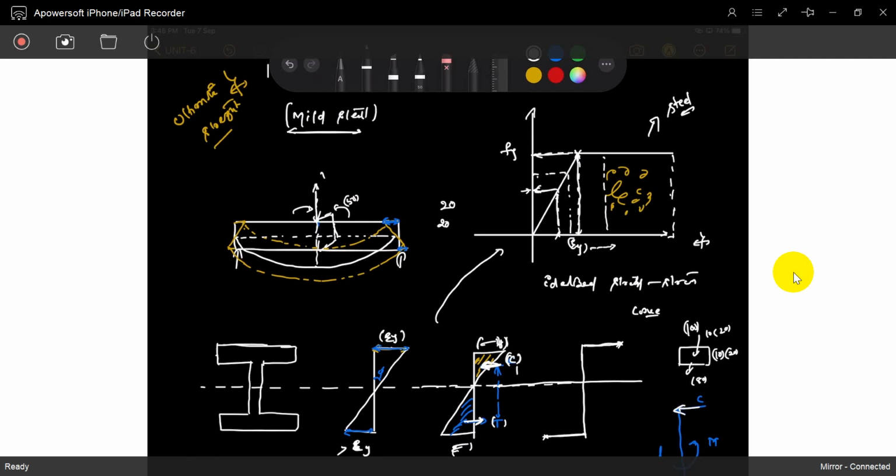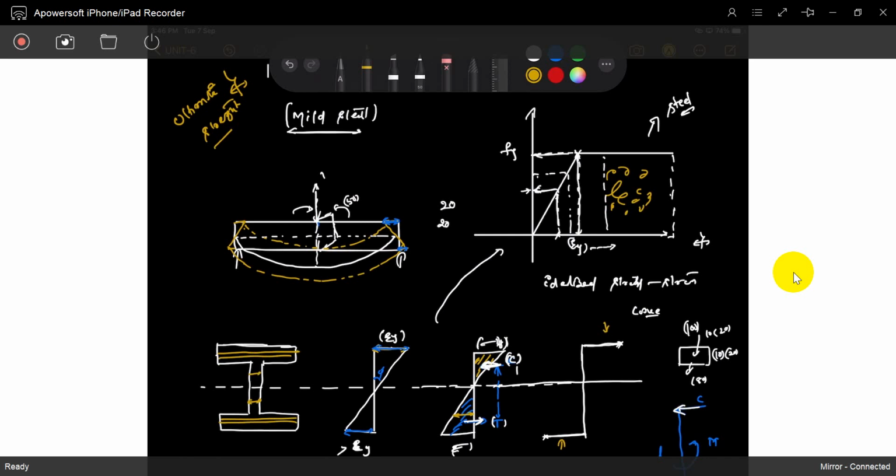But see, the basic answer is the edge fiber is reaching the Fy, okay. But the remaining portion, see this layer, this edge layer will reach its maximum yielding capacity.